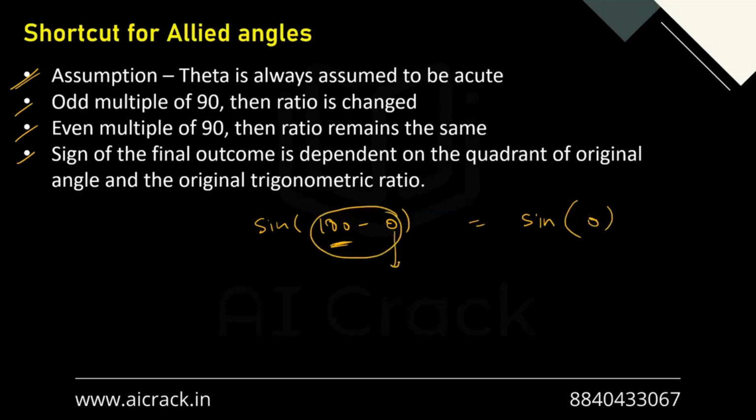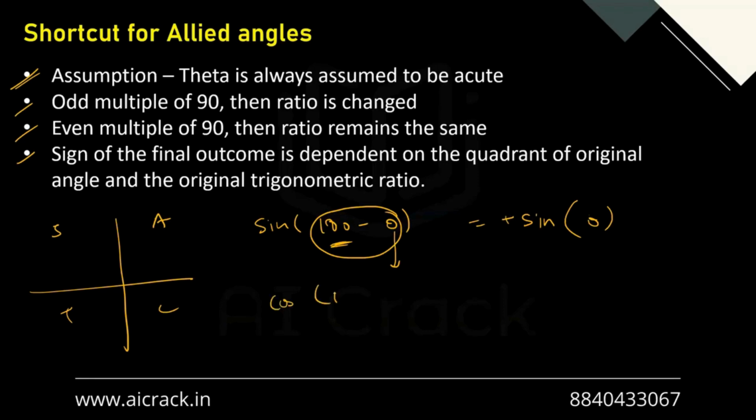We have assumed that theta is acute, and 180 minus theta would be in the second quadrant. We know that in the first quadrant all trigonometric ratios are positive, in the second we have just sine, in the third we have tan, and in the fourth we have cos. So considering theta to be acute, 180 minus theta is in the second quadrant and sine is positive in the second quadrant. So we have a positive sign over here, right?